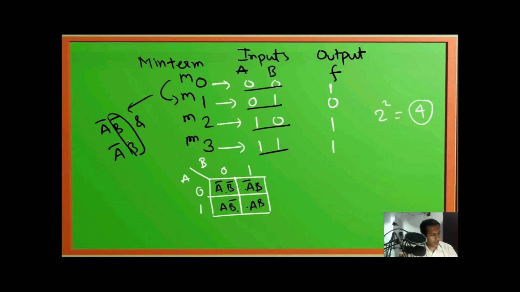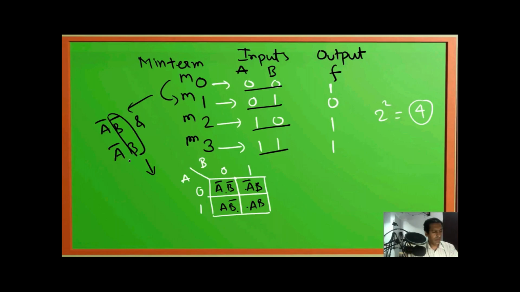So they can be combined to form a 2 square to eliminate the variable B. Similarly, any other adjacent terms we can reduce.